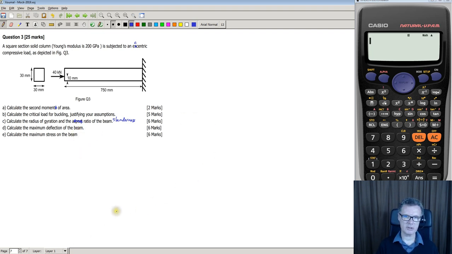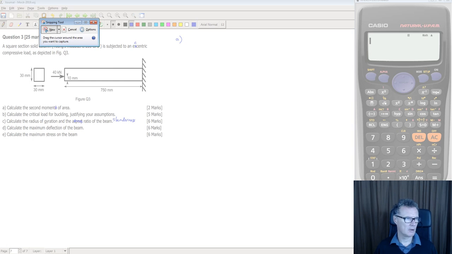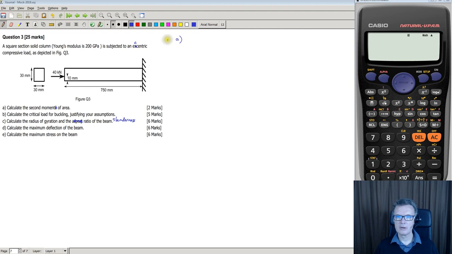Okay, first part A, you should be able to do without looking at your formula sheet by now. But if you don't, let's find it for you. It's going to be one of these.